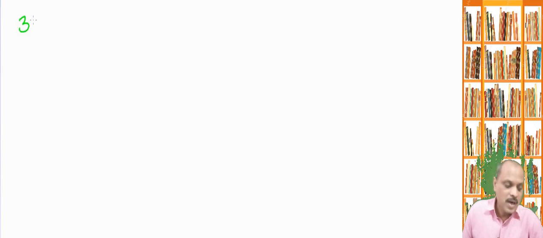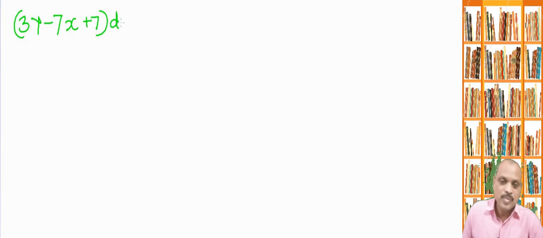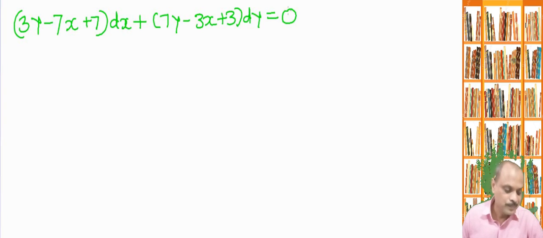(3y − 7x + 7) dx + (7y − 3x + 3) dy = 0.